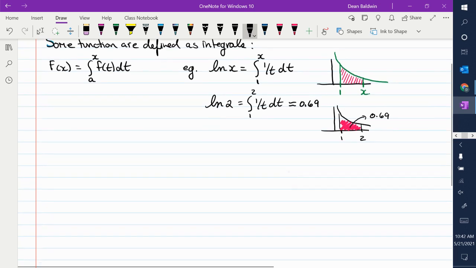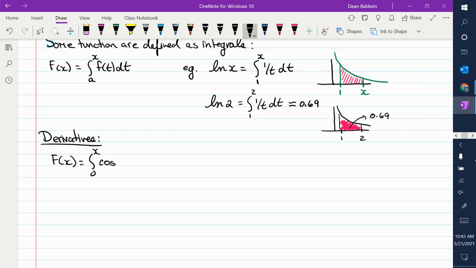If we have the derivatives. So we have our function, f of x, defined as the integral from 0 to x of cos t, sorry, not x.